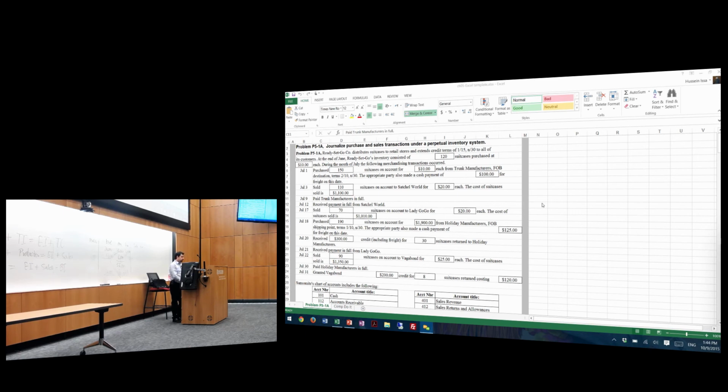At the end of June, Ready, Set, Goes inventory consisted of 120 suitcases purchased at $10 each. During the month of July, the following merchandising transactions occurred. We need to write the journal entry for each one of these transactions. Okay?